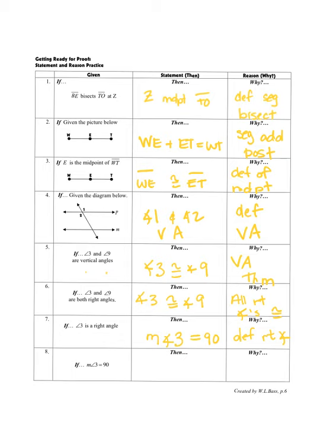If we're told that the measure of angle 3 is 90, then we know that angle 3 is a right angle because of the definition of a right angle.